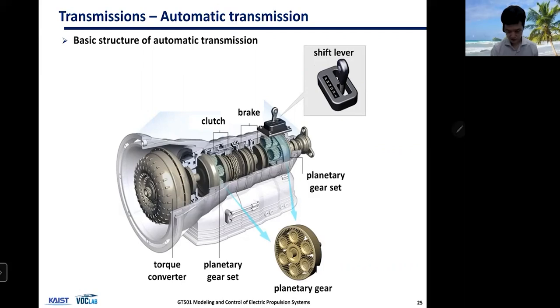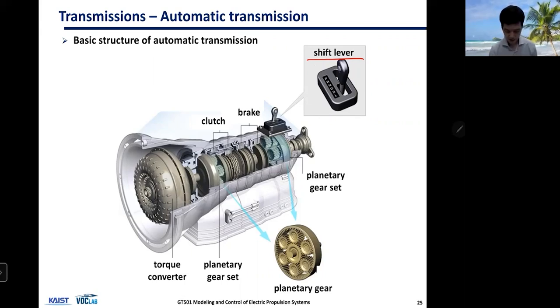So let's take a look. So this is the shift lever. You have P, R, N, and D, so park, reverse, neutral, and drive. And then once you put it in drive, the transmission will shift for you.